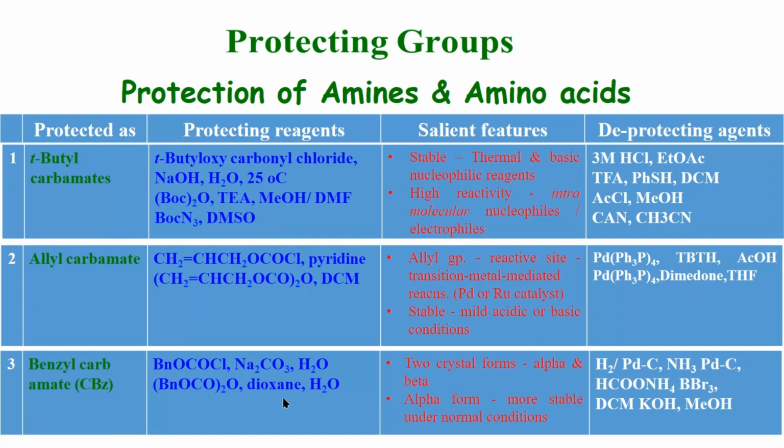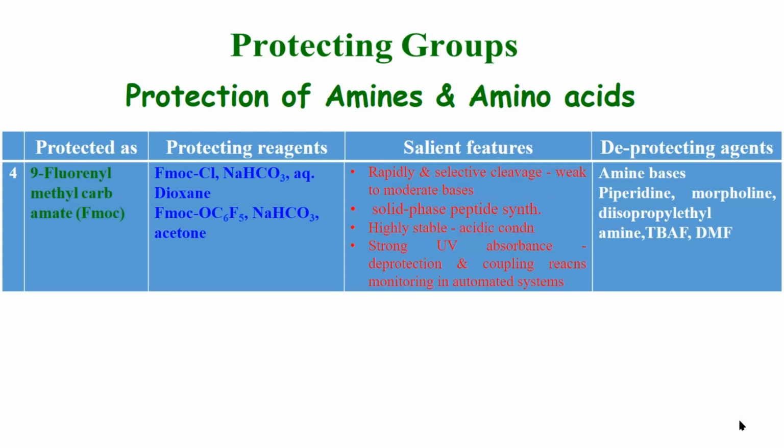These benzyl carbamates have two crystal forms, alpha and beta, and alpha is found to be more stable under normal conditions. They are deprotected by the reductive method using hydrogen and palladium carbon, ammonia and palladium carbon. They can also be deprotected by using ammonium formate and a base like potassium hydroxide.